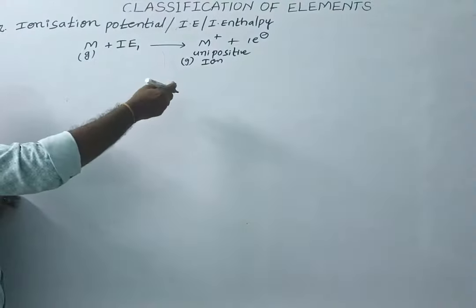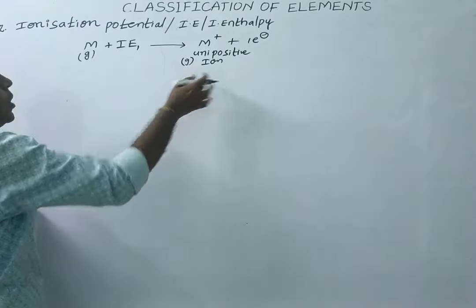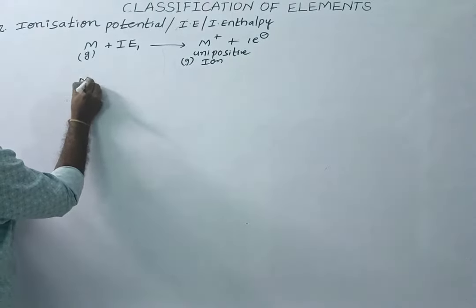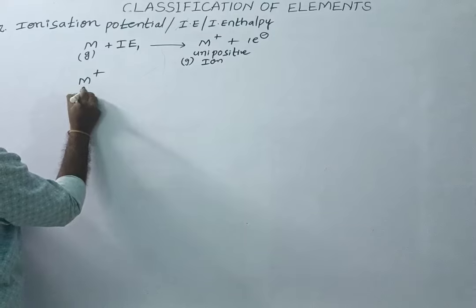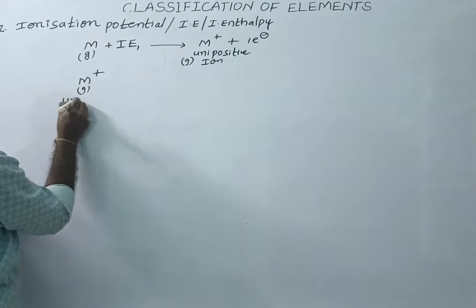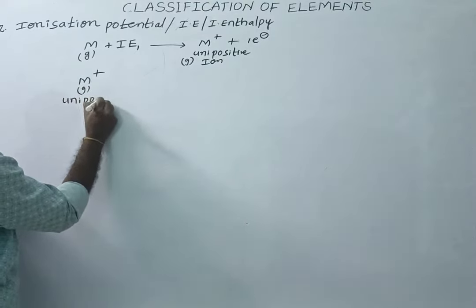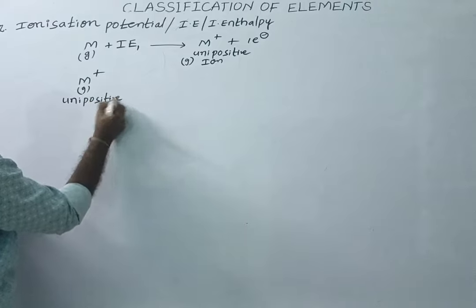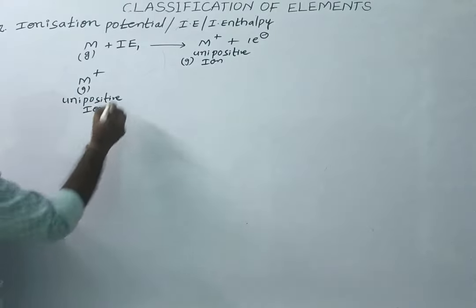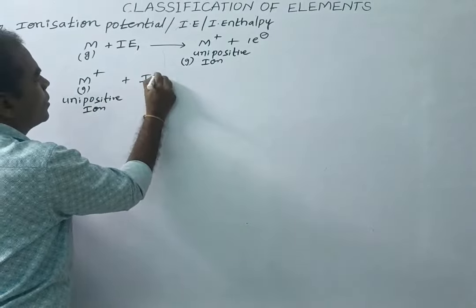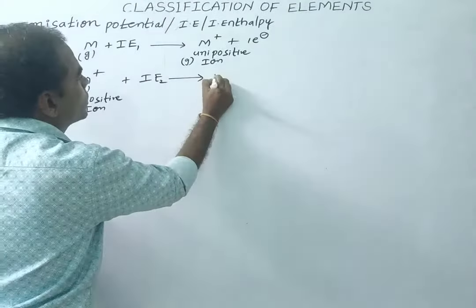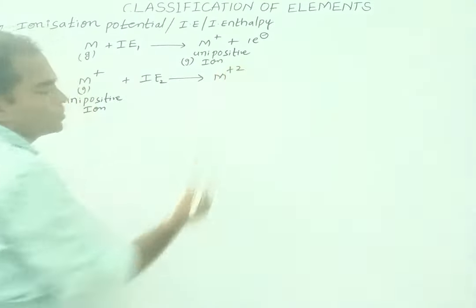Now I want to remove one more electron from the uni-positive ion, that means M plus. It requires some energy, IE2, and it is converted to M plus 2.